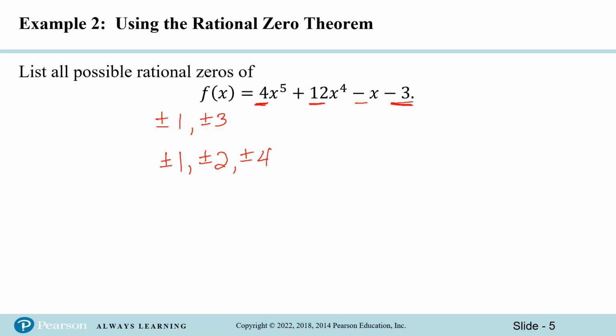And then I'm going to take each one of these and divide it by each one of those. So I'm going to take my 1 and divide it by 1, 1 and divide it by 2. I'll worry about the pluses and minuses in a minute. My 1, I'm going to divide it by 4.